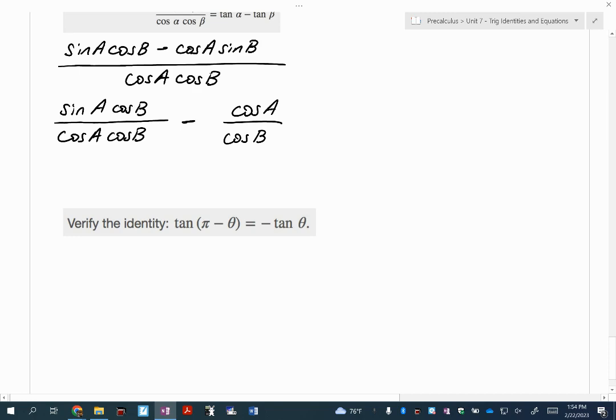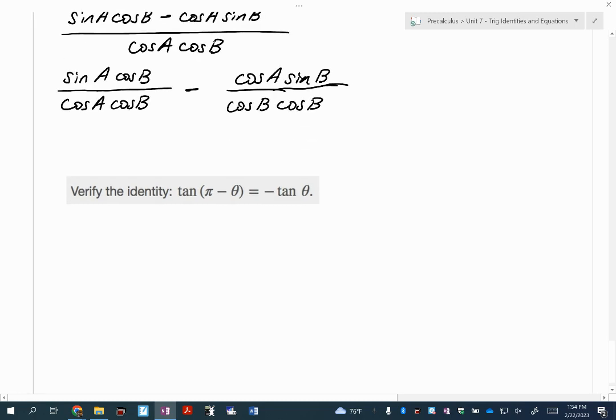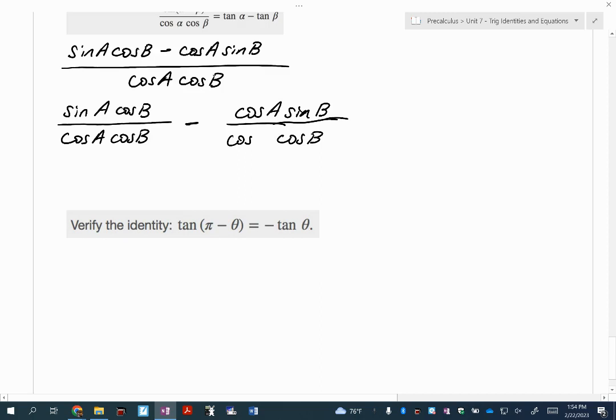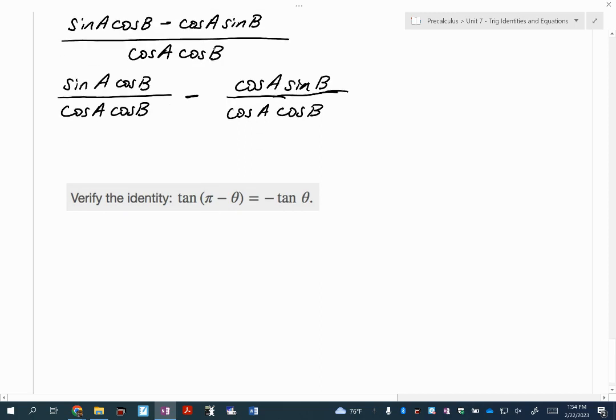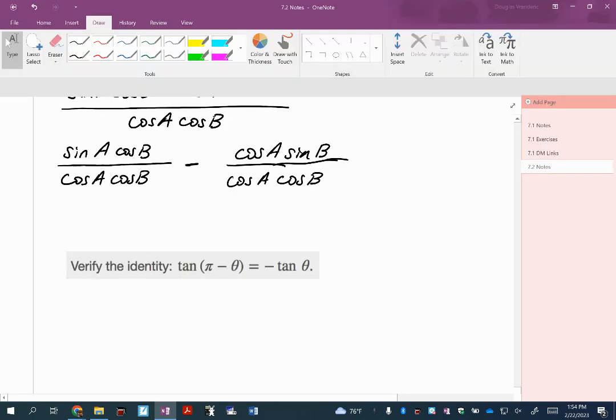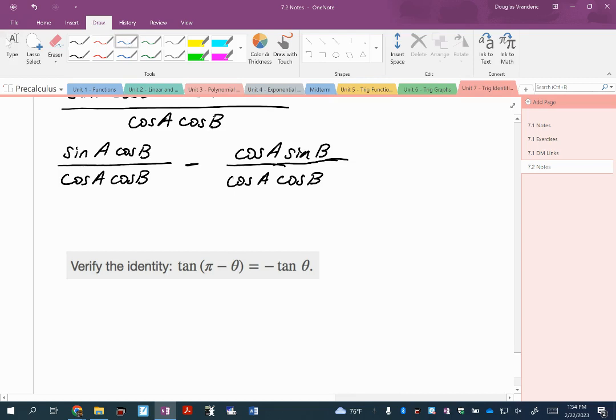Sorry, let's put it all over one fraction, that is. Okay, so now hopefully you're going to see some stuff cross out. I missed that, that's supposed to be an A. There we go. You should see some things cross out, like, for example, the cosines of b here and the cosines of a there.